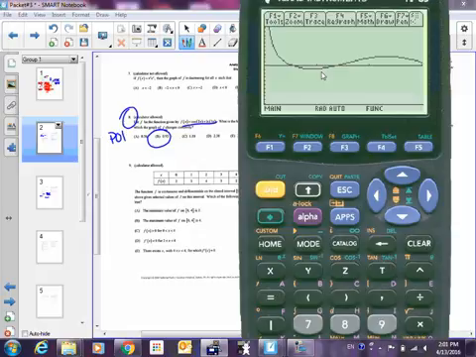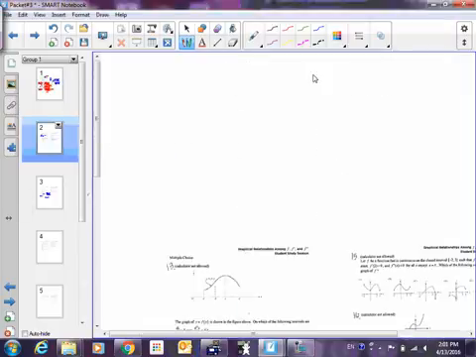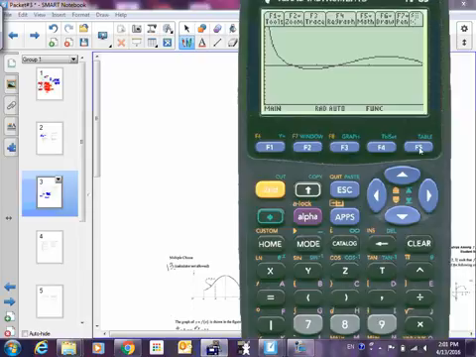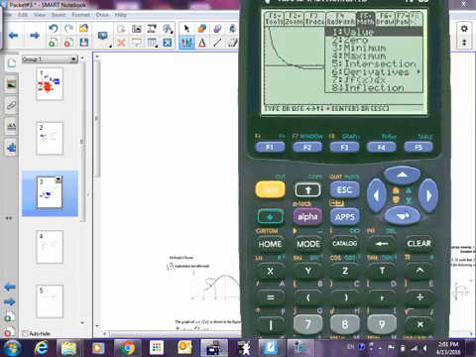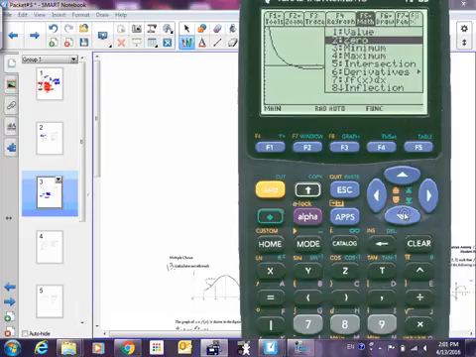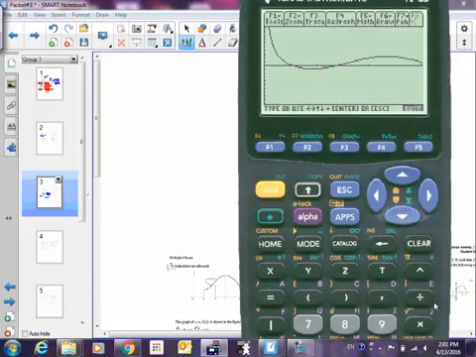If this had been f double prime, we would just look for a simple change, plus to minus, minus to plus. Oh, sorry. So if this is f prime, we actually want to look for the extrema, maxes and mins. Do you know how to find the maxes and mins on your calculator? It's right there in F5. And we would look for a minimum in this case.